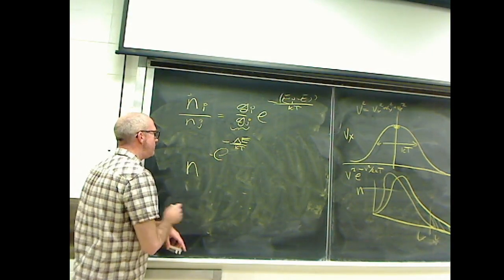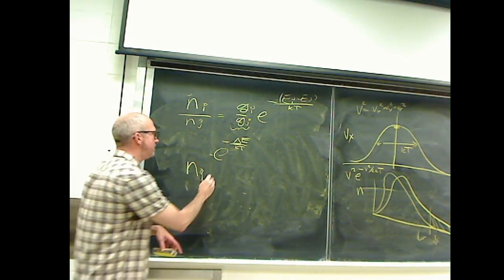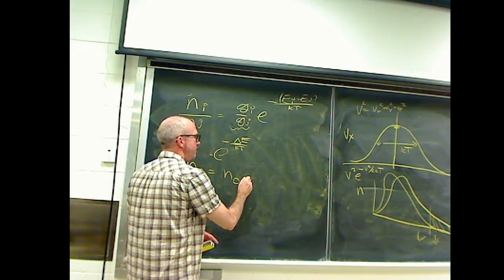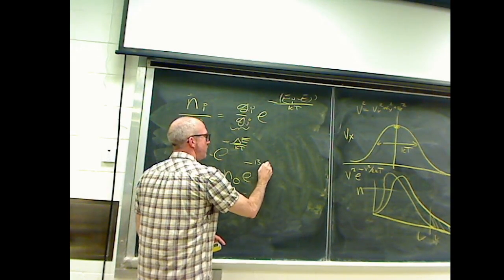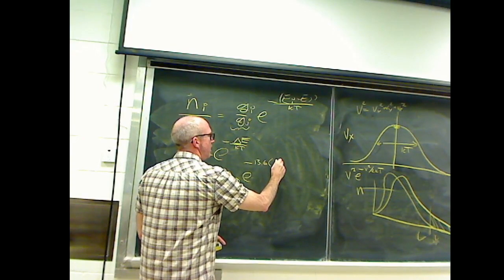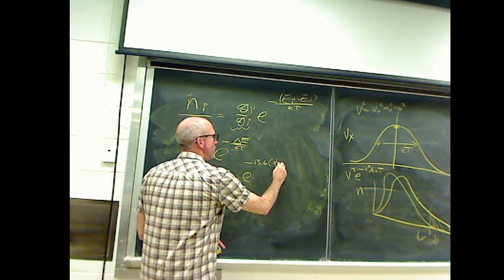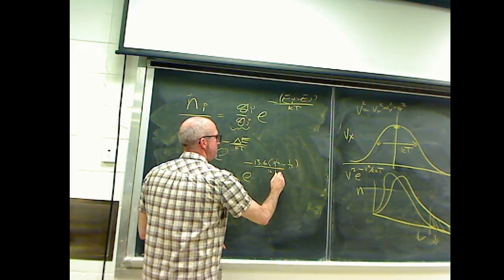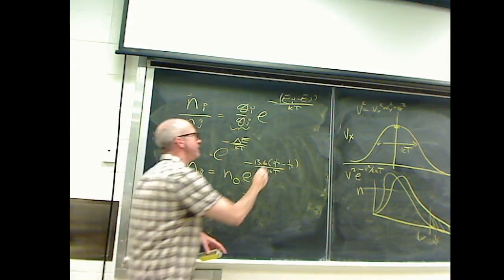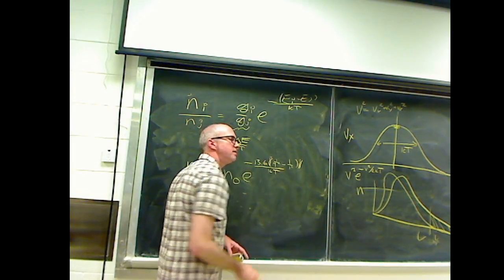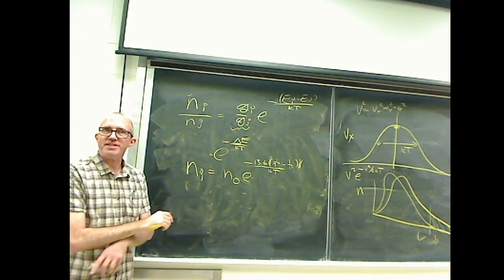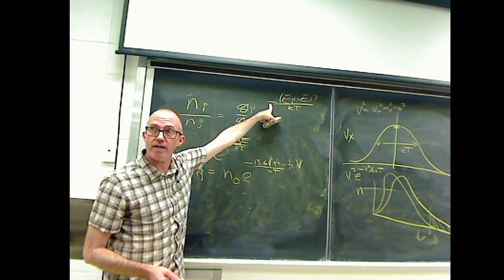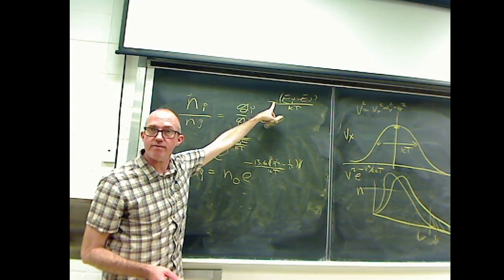So if I want to know what the i population is, this is just equal to the number of atoms I have in the ground state times e to the minus 13.6 times 1 over i squared minus 1 over 1 squared, over kT. I make this an absolute value because the negative sign matters. You don't want a positive exponential because then everything explodes.